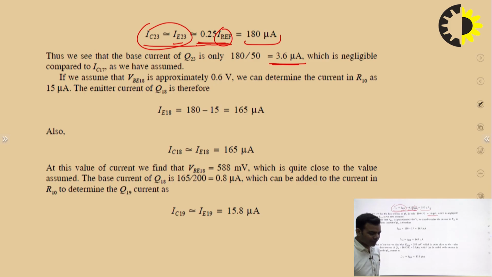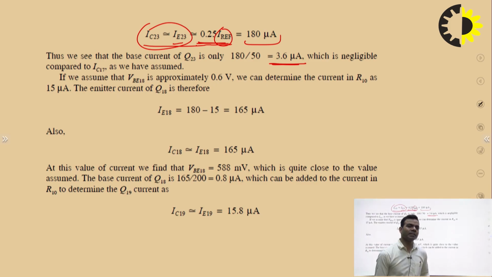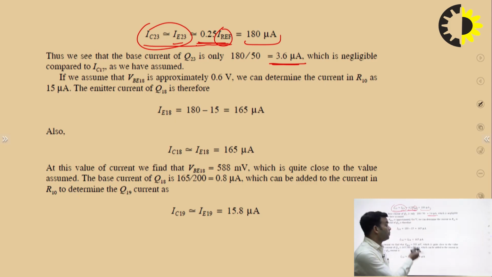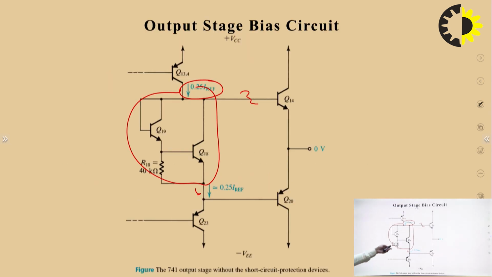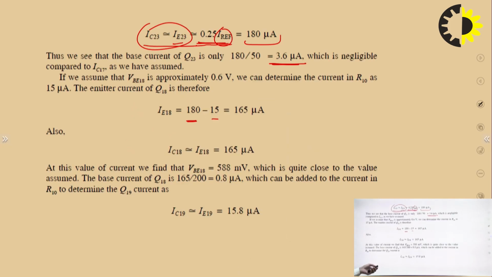When we were analyzing the second stage, we considered that the base current of Q23 is very small or negligible, which is proved over here. Now, the emitter current of Q18 will be this 180 minus 15, so you will get 165 microampere.